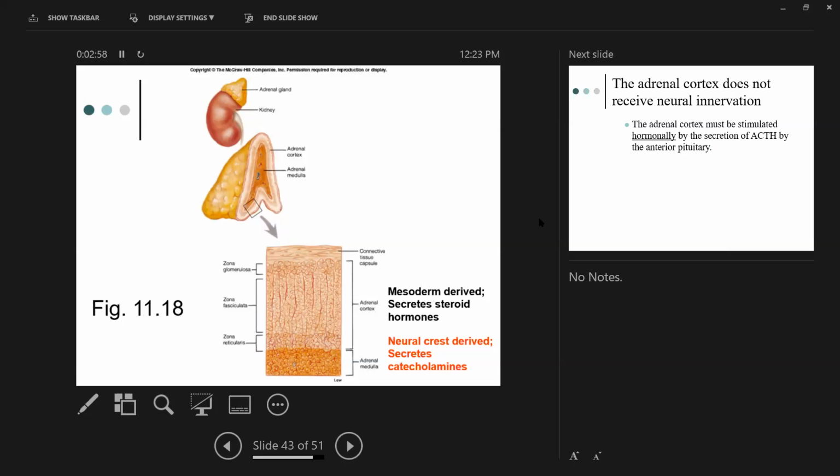Now you'll notice that the adrenal gland has two layers. So there is an outer cortex. Cortex is derived from mesoderm, and an inner medulla.